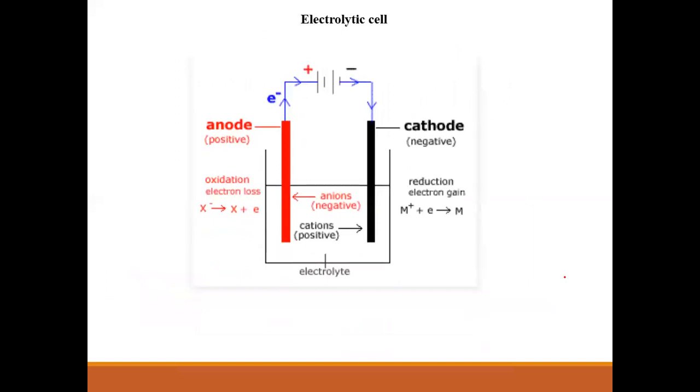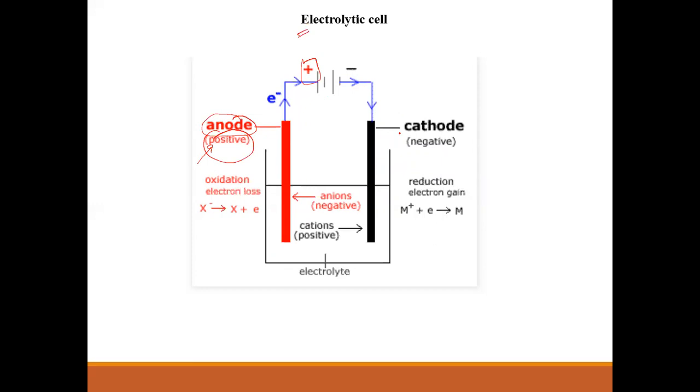Now we'll move forward. So here is a typical example of an electrolytic cell. In the electrolytic cell, this red rod we consider as the anode and we connect it with the positive terminal. So the anode is positive in an electrolytic cell.